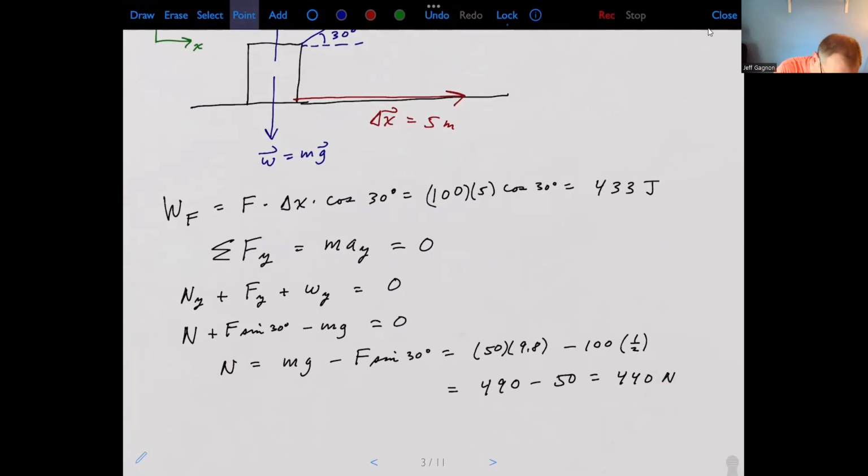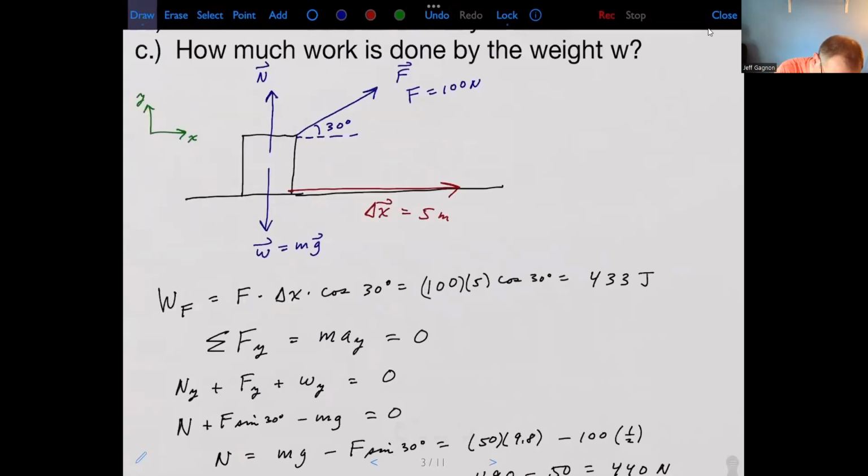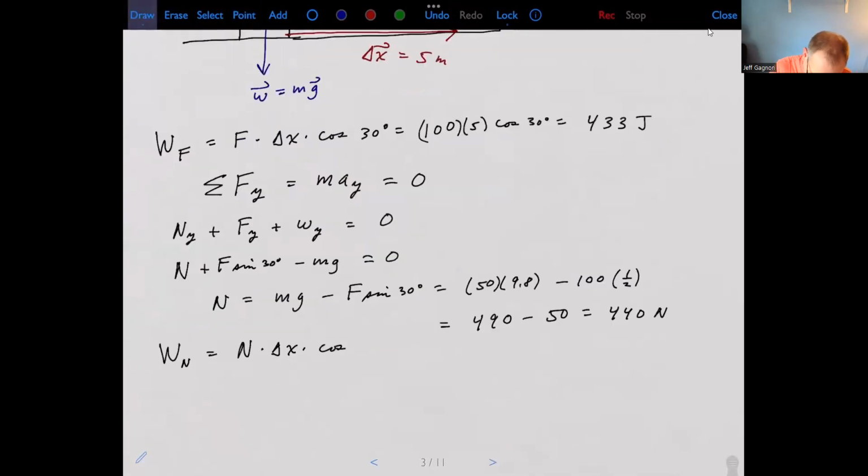Okay, so now I can calculate the work done by N, right? The work done by that normal force is going to be the normal force times the displacement times cosine of the angle between the normal force and the displacement. But what is the angle between the normal force, which is pointing straight up, and displacement to the right? It's 90 degrees. So this is like cosine of 90 here.